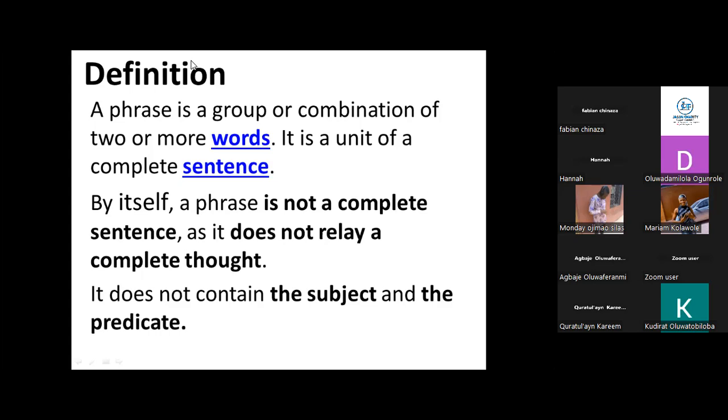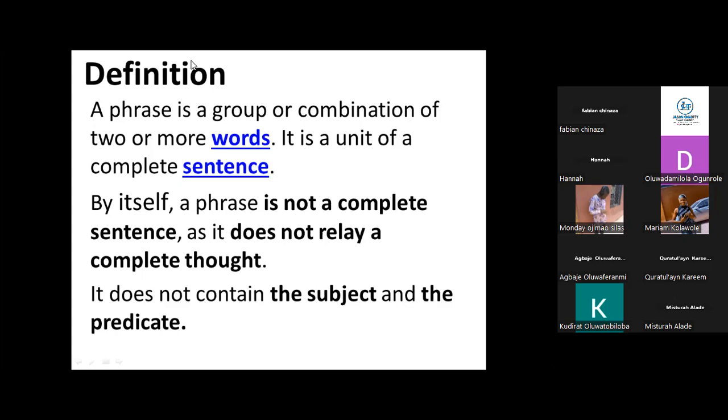A phrase is just a unit of a sentence, and it expresses something that has to do with another part of the sentence. Also, note that it does not contain the subject and the predicate in itself. It may be a subject, it may be part of the predicate, it may be another part of a sentence, but in its own composition, you cannot have a subject and a predicate in a phrase.